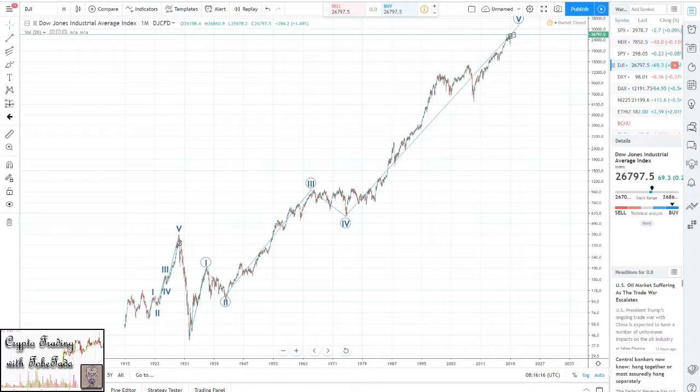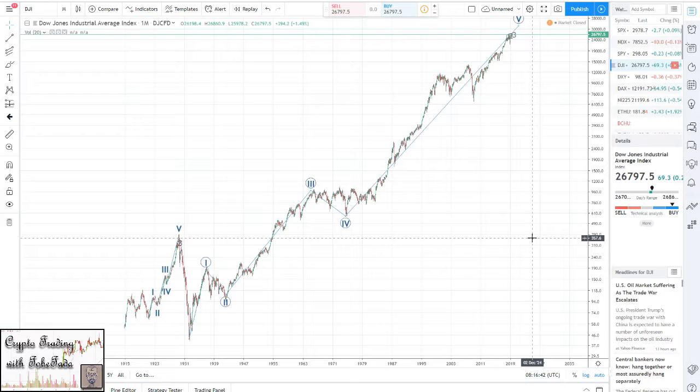So for today, I've laid out the chart which goes back to 1915 to the current period here, with TradingView, and you can see that the price in general, of course, has been going upwards tremendously if we look at this very large time frame.